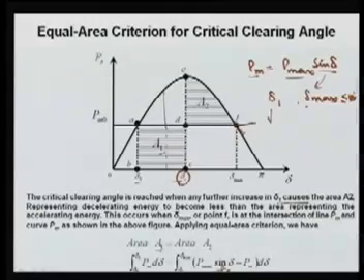The smaller value will be your delta naught here in this case, and for delta max we get the other value, which will be pi minus delta naught. Means delta max is nothing but pi minus delta naught. You can see from here that this angle will be equal to this angle.